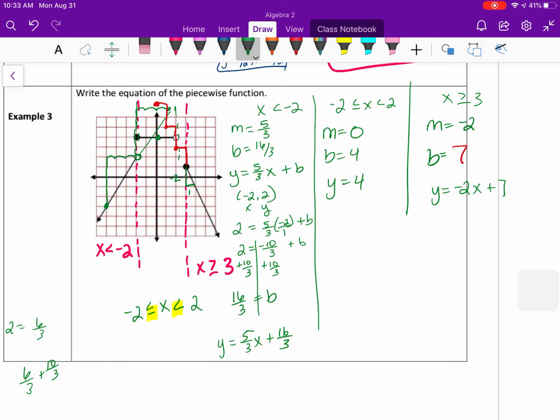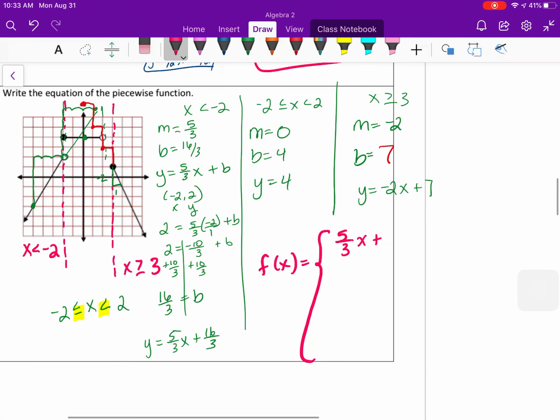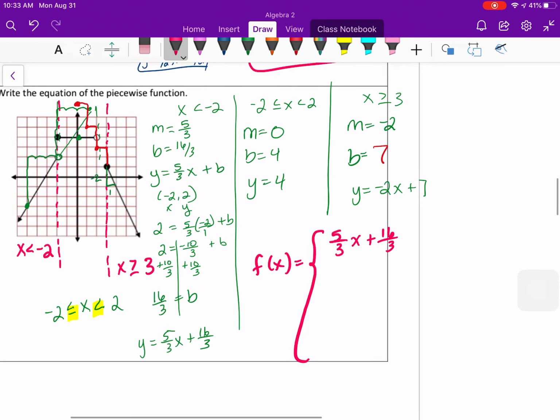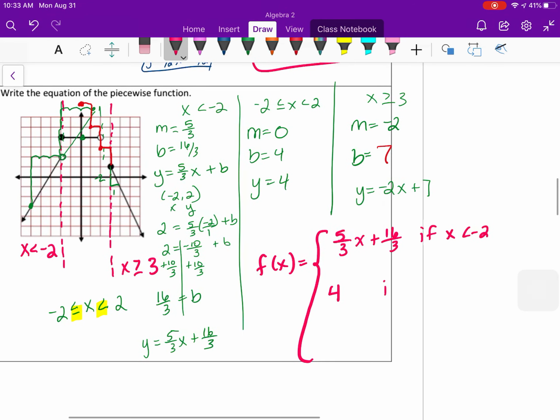All right, so I'm going to shorten that up. Putting this all together, so we have 3 pieces this time. So f of x equals, making your brackets. The first one was 5/3 x plus 16/3, and that was if x was less than -2. The middle one was just y equals 4.